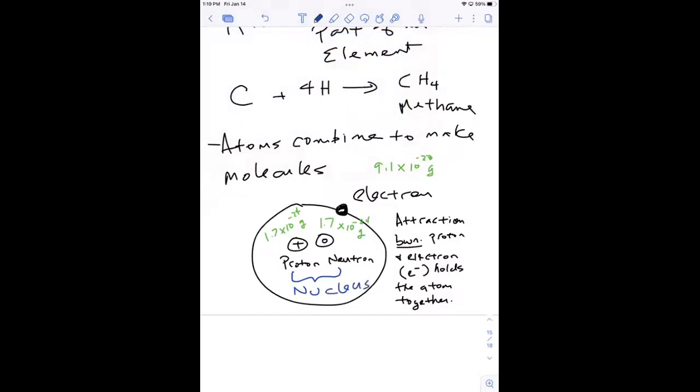And then you have electrons that orbit the nucleus. And as the atomic number changes, as the number of protons and electrons change, so does the type of atom or element. All right. So these small particles make up elements, and they all have the same composition. They have a proton, a neutron, and an electron.